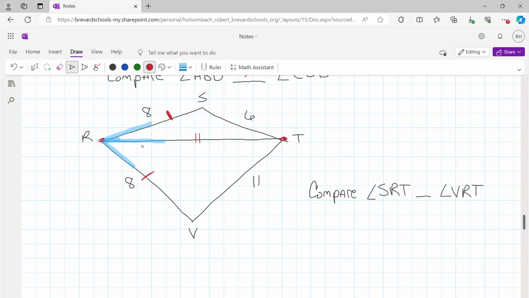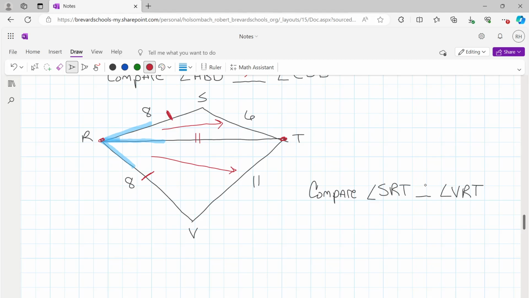So if we have to compare these two angle measures, we have to look at the third side. So look at this third side and compare it to this third side. Isn't the third side of the top triangle smaller than the third side of the bottom triangle? All right, so what does that make angle SRT compared to angle VRT?